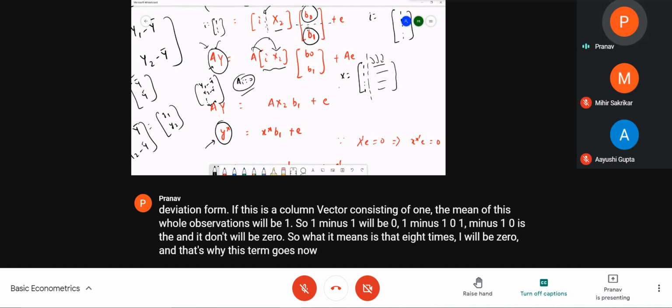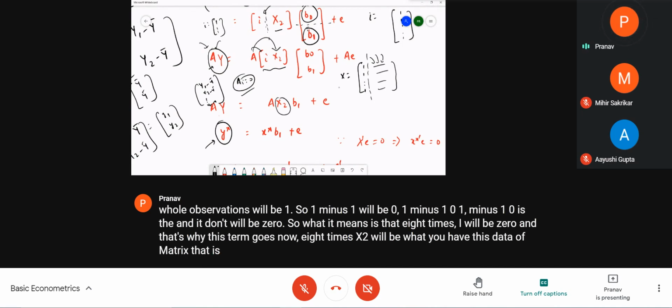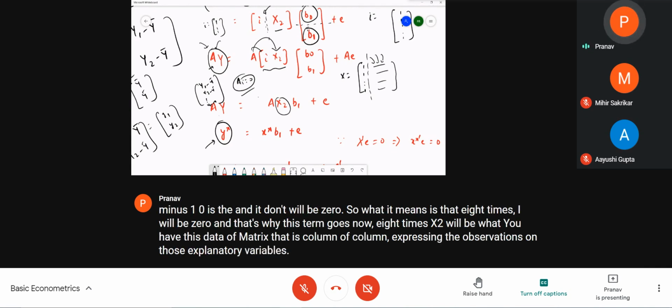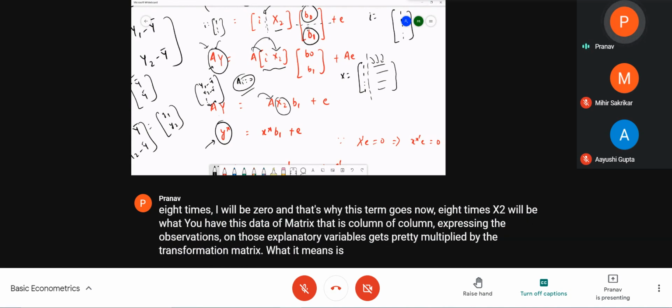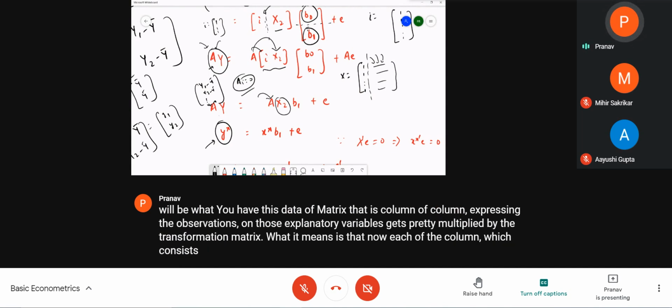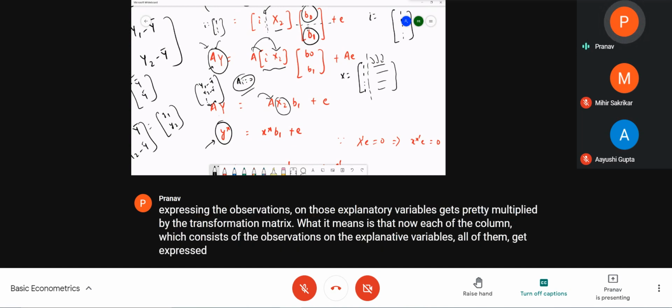Now A times X2 will be what? You have this data matrix, that is, the columns expressing the observations on the explanatory variables, pre-multiplied by the transformation matrix. What it means is that each column consisting of the observations on the explanatory variables gets expressed in deviation form.